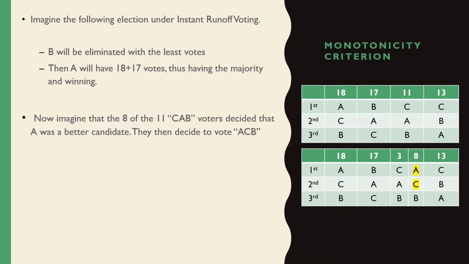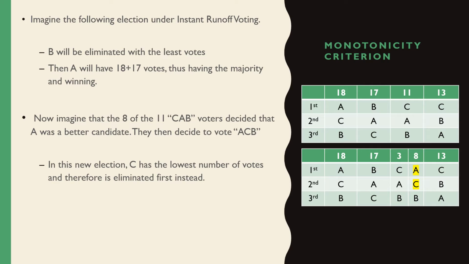Obviously this election is different, so we have to consider what happens. Now, A has 26 votes, so that's not a majority. B has 17 votes, not a majority. And C has 16 votes, not a majority. But more importantly, C has the lowest number of votes now, so we kick them out first. By eliminating C, B gets an additional 13 votes, giving it a total of 30.